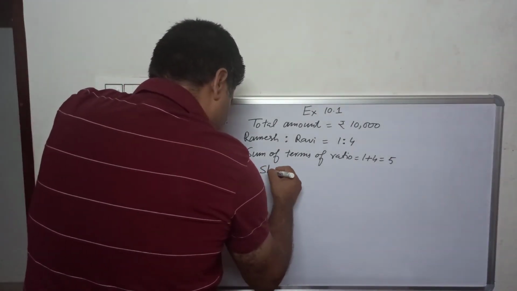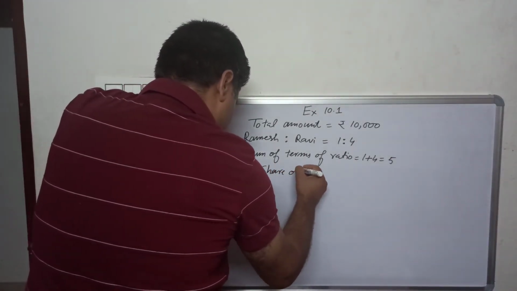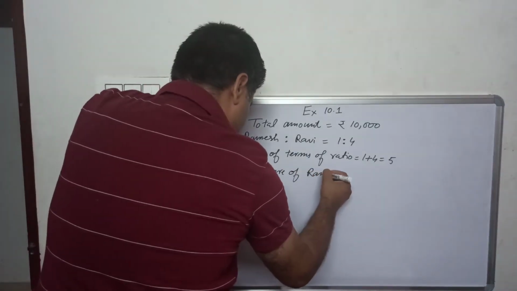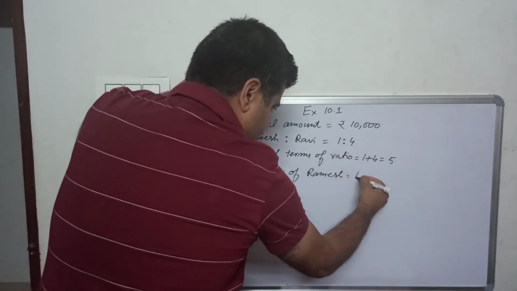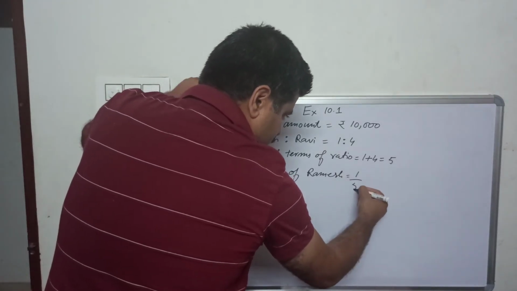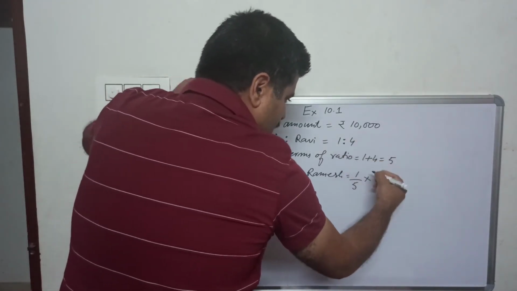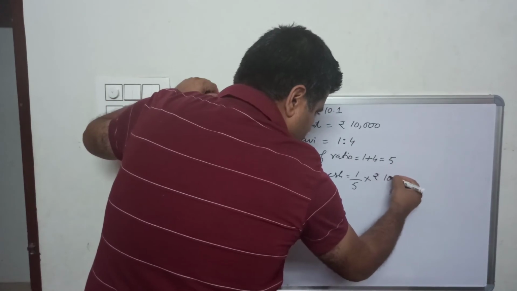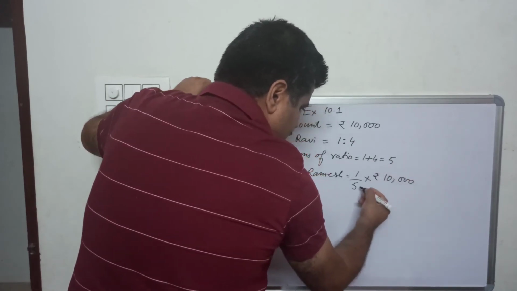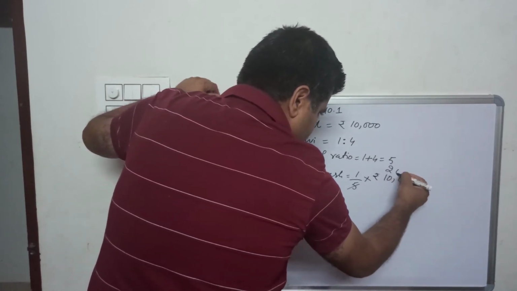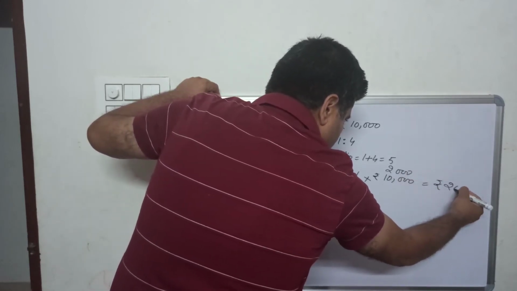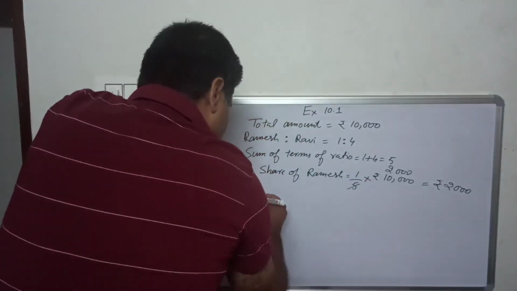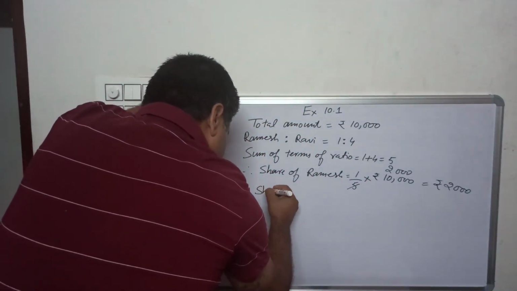Therefore, share of Ramesh is 1 upon total sum of the ratios, multiply by the total amount, that is 10,000. With 5 you cancel it. So it is coming out to be rupees 2,000.